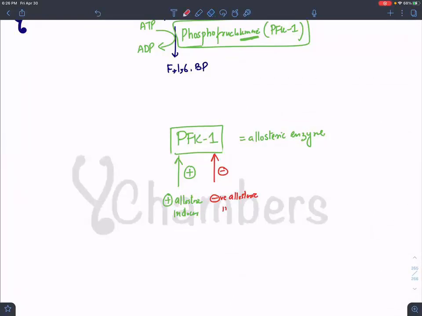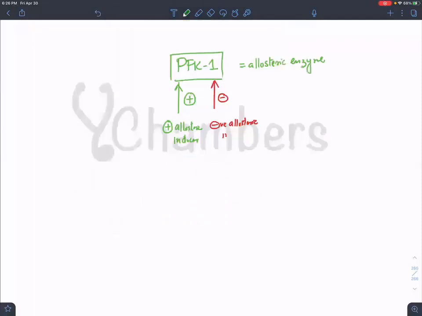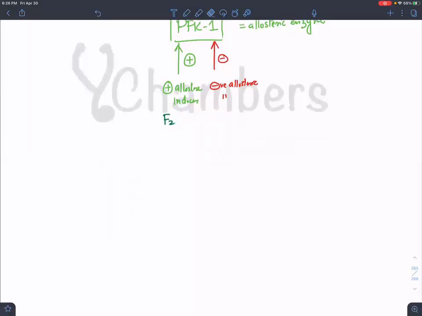So see friends, what is inducing this enzyme? This enzyme is being induced by a compound called fructose 2,6-bisphosphate, and adenosine monophosphate.